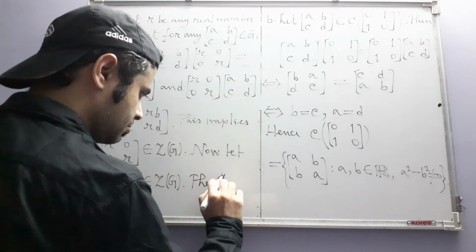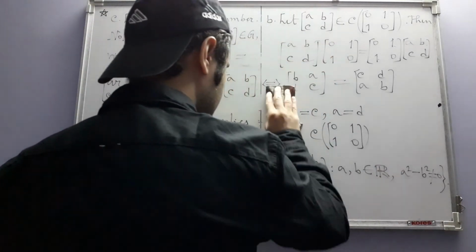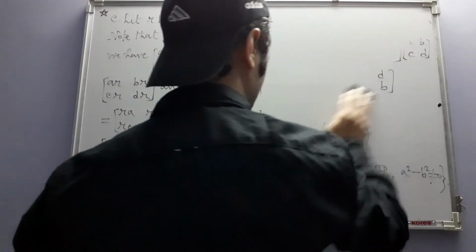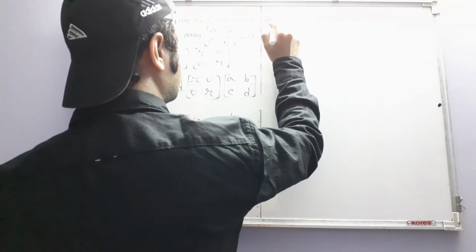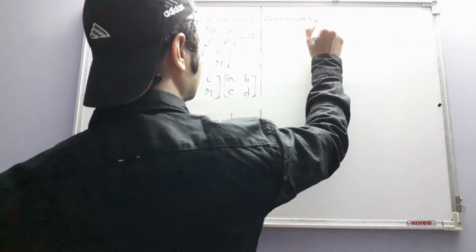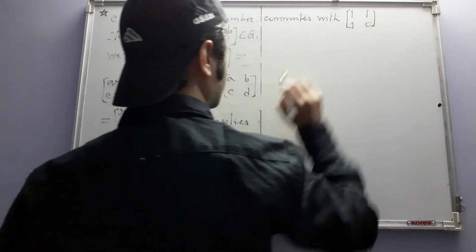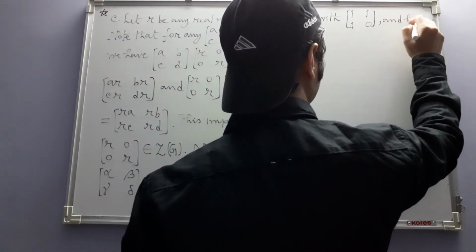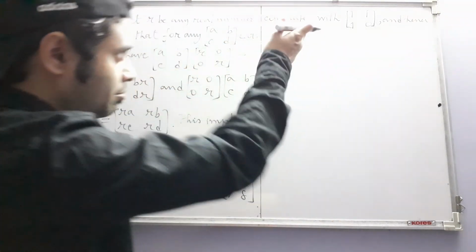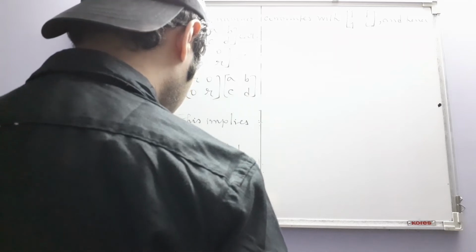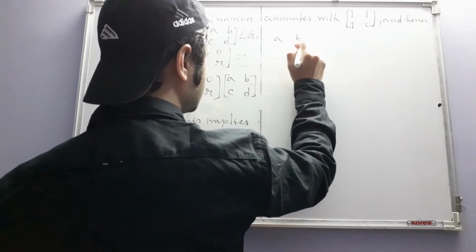Then this commutes with, let us first consider the first matrix 1 1 1 0, and hence we have already found the general structure of the matrices that commute with this one, and according to that structure, the matrices that commute with this one look like this.